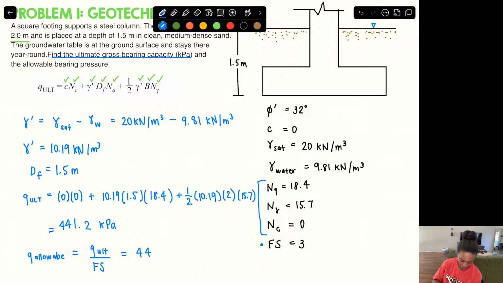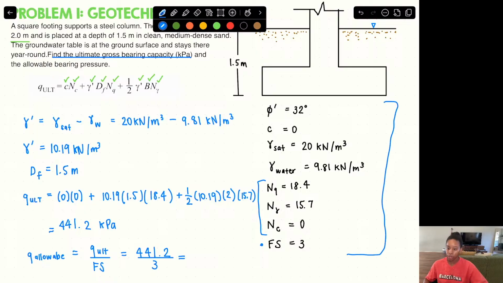But yeah, 441.2 divided by 3. Anyone want to share what they got for that? Yes, the information on the right is given. So all of this. Anyone good at mental math want to share the answer?